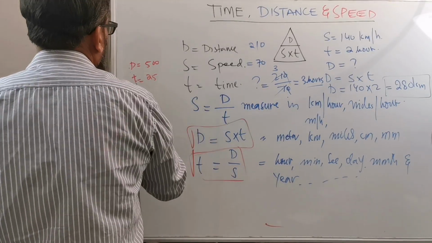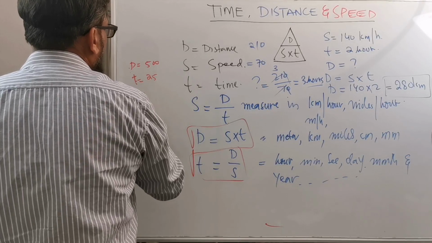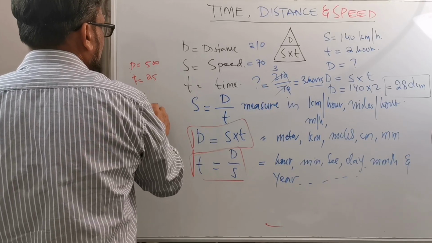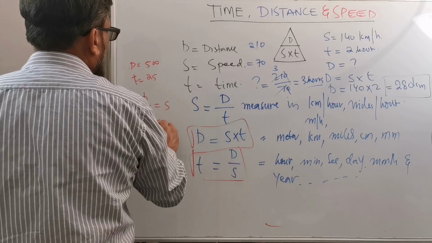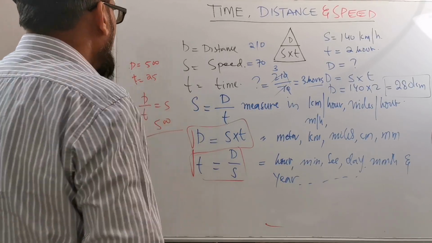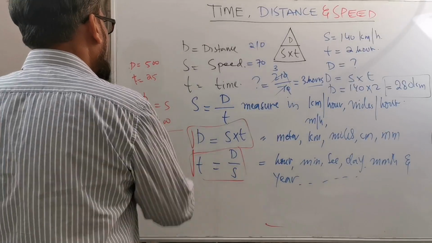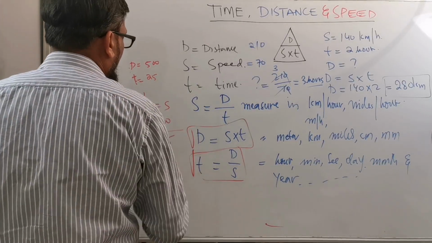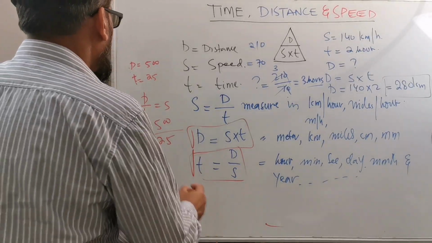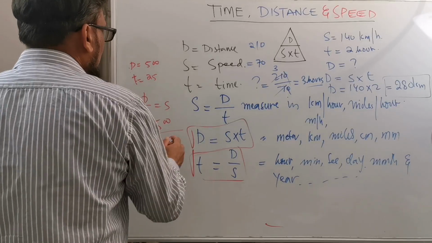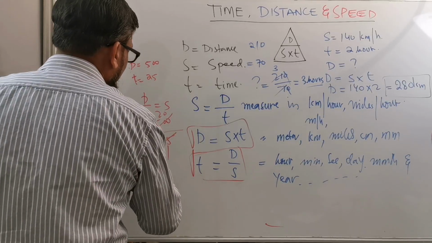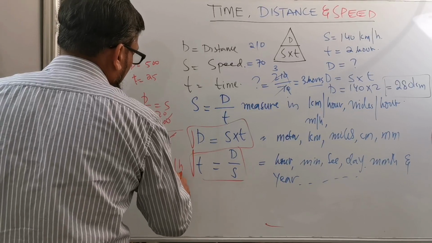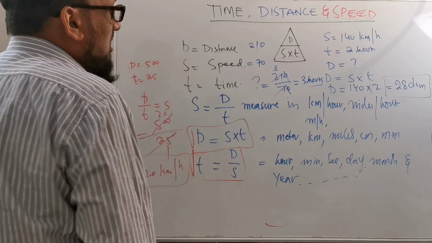Simply D divided by T, which is equal to S. The D is 500 kilometer and the time taken is 25 hours. So the speed is 500 divided by 25, which is 20 kilometer per hour.